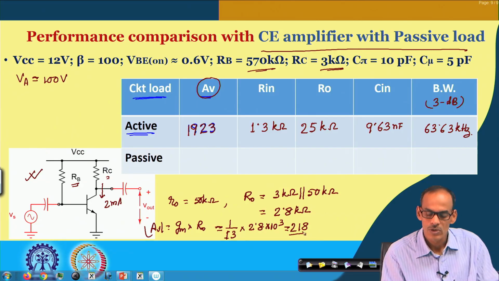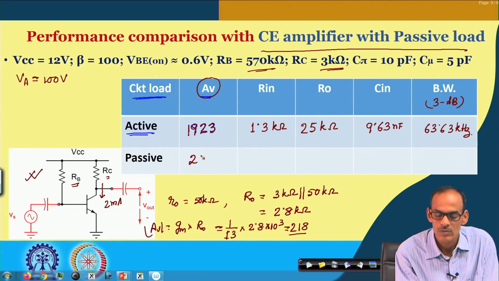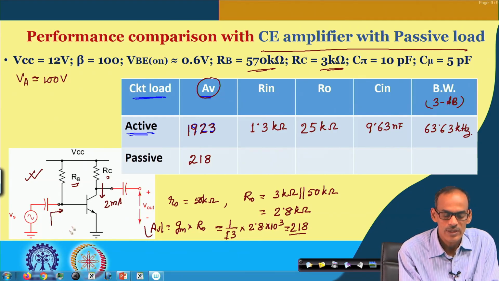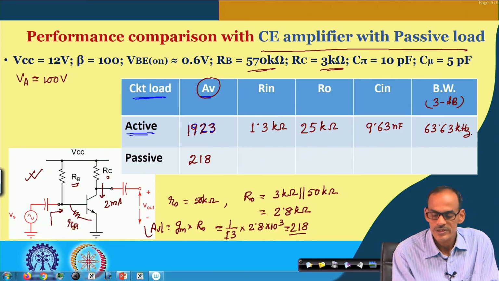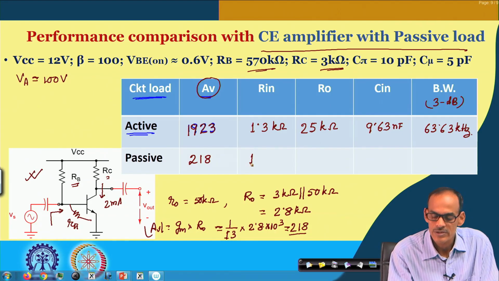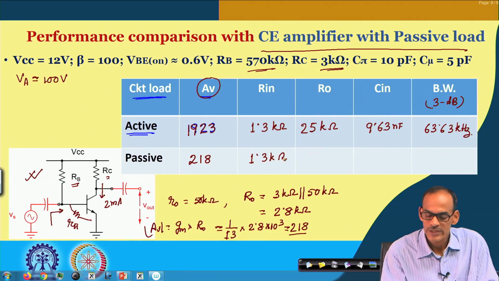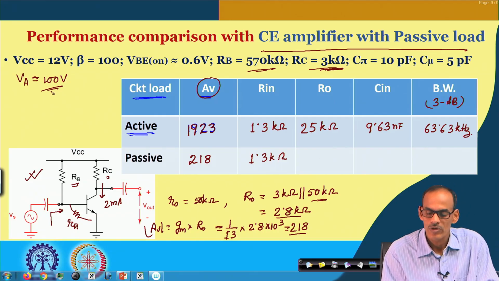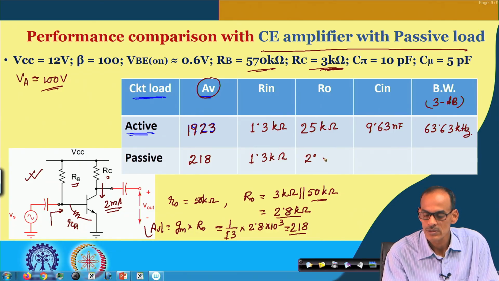On the other hand, input resistance is dominated by this r_pi, which is the same, so it remains 1.3 K. And output resistance, as we already said, is 3 K in parallel with 50 K, for an early voltage of 100 volt with a collector current of 2 milliampere. So, the output resistance is 2.8 K.